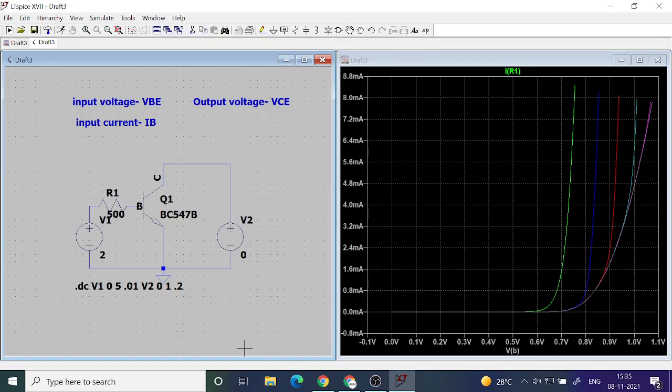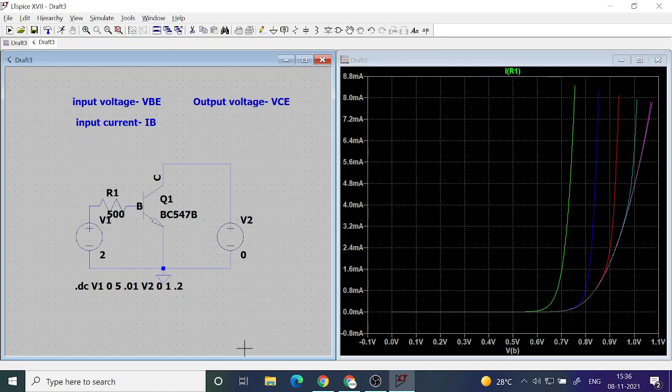So what we are right now doing is common emitter configuration. I have taken emitter common to the input and output side. Input side is base, output side is collector. This is how it varies. Is it clear?